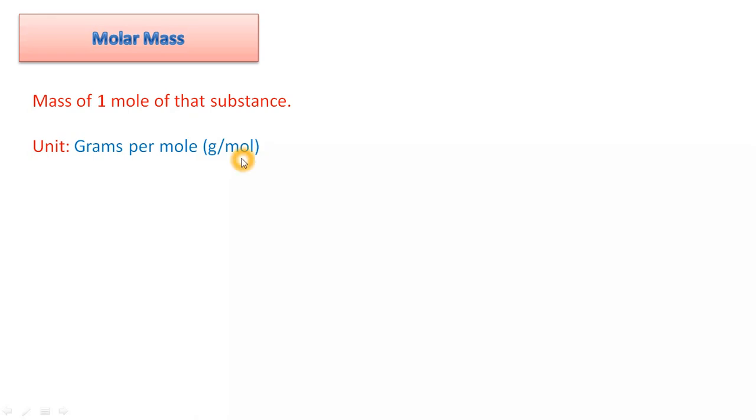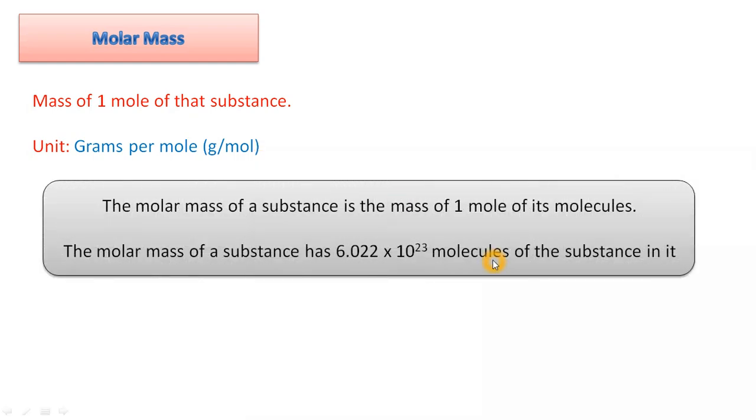You can say the molar mass has 6.022 into 10 raised to the power 23 molecules of the substance in it, right? Because the 1 mole also contains these molecules. So basically 1 mole is nothing but the molar mass. You can see here molar mass is the mass of 1 mole, okay?